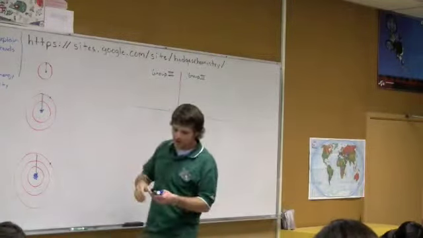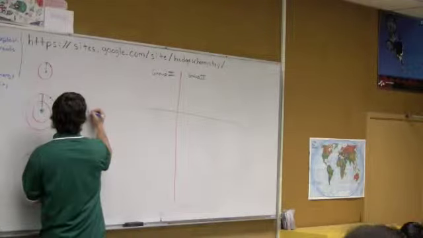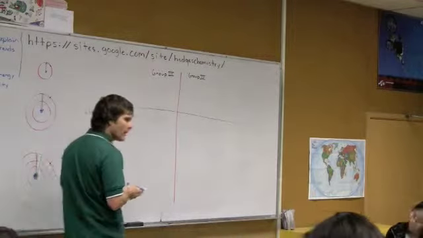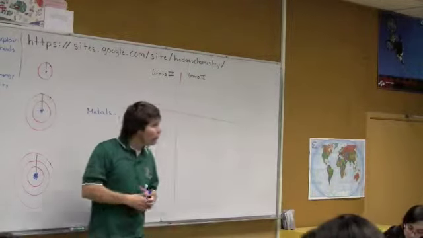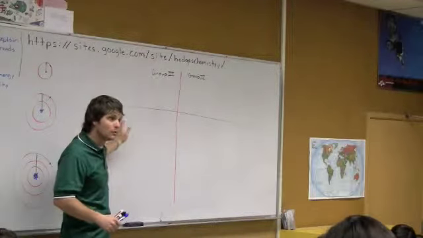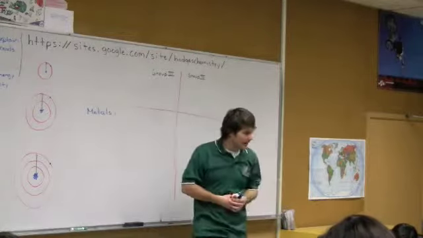Alright, so over here we're going to write the word metals. I want you to notice that everybody in group 1 was becoming a 1+, and everybody in group 2 a 2+. They are the same group or column or family because they behave the same.